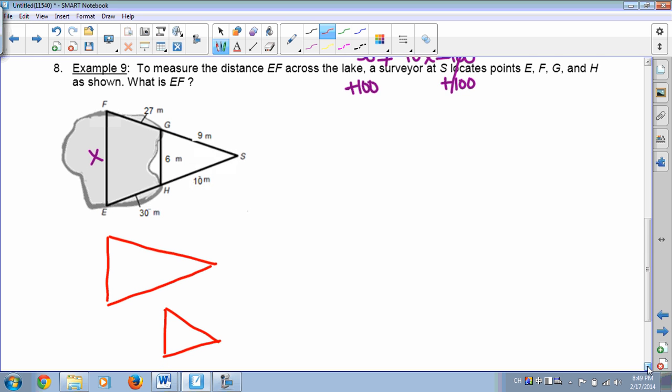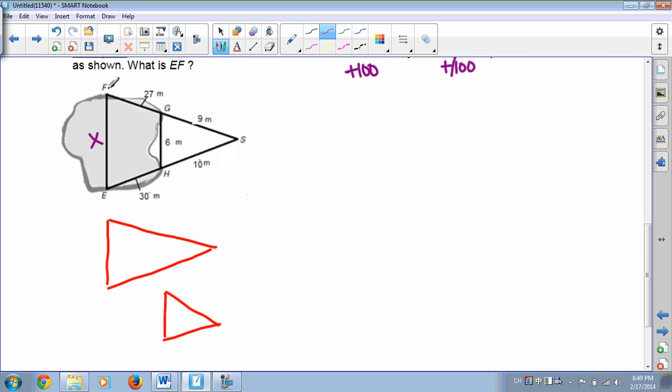And I'm going to go ahead and relabel these sides. So we have F to S, and then this one is E, this one is G, H, and S, and then I'm going to relabel the sides as well. So F to S is the 27 plus the 9. Obviously this is not drawn to scale because this part does not look like it's bigger than this part, but that doesn't matter.